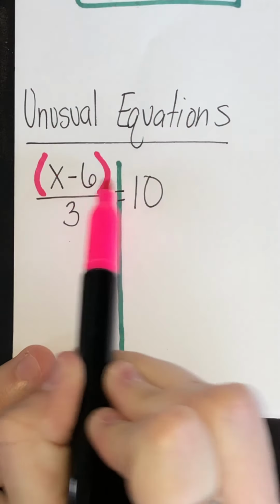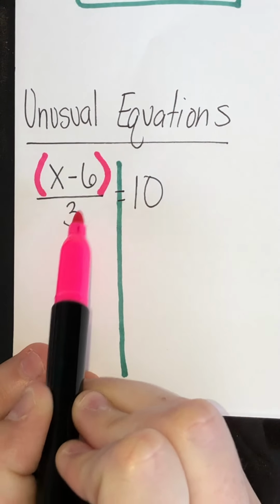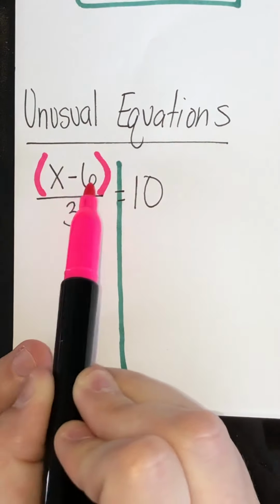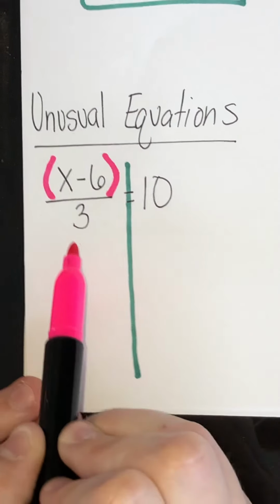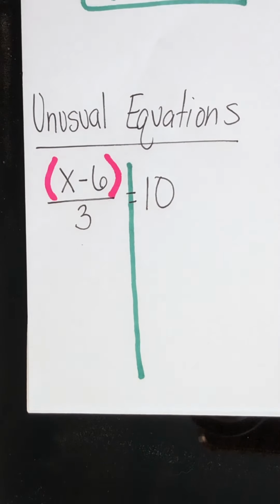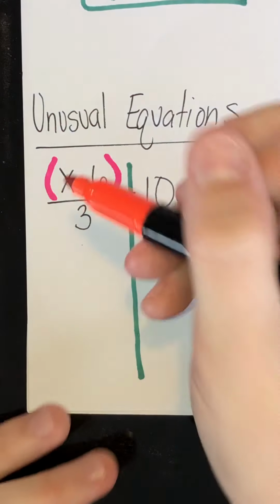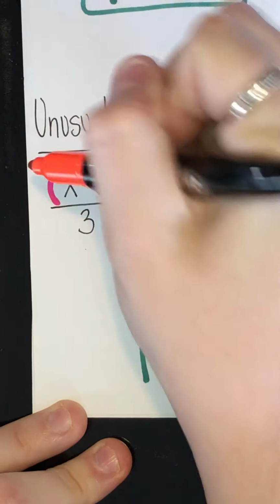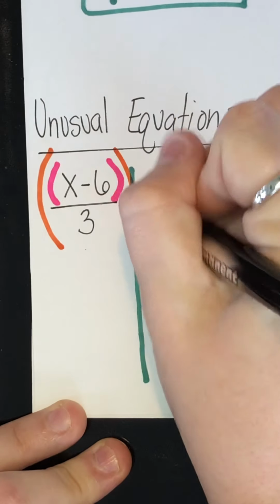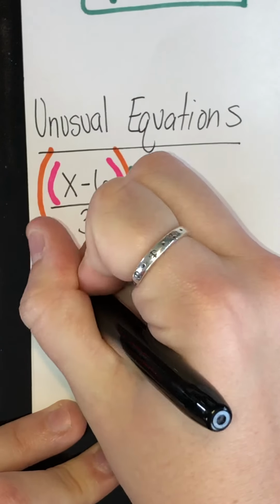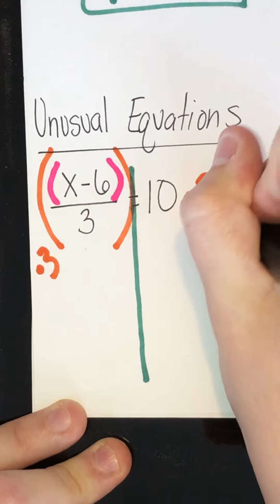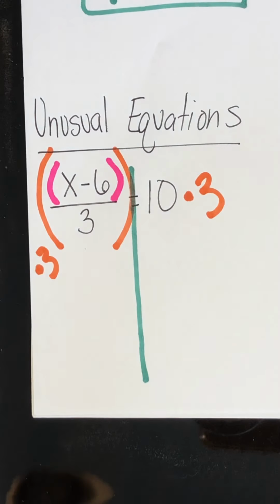It's x minus 6 divided by 3. Since this whole thing is divided by 3, the first thing we're gonna have to do is multiply times 3. So we're gonna take this entire side, all of this, I'll write it down here, times 3, and then this side also has to be times 3.